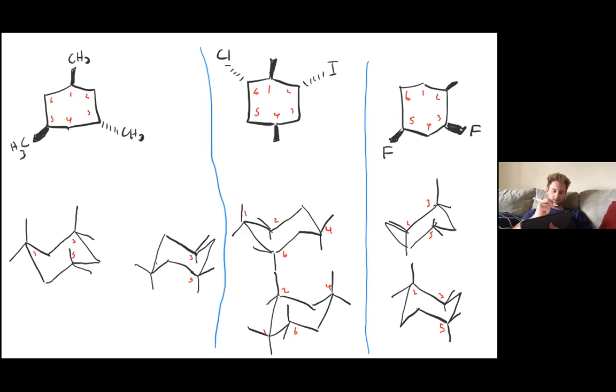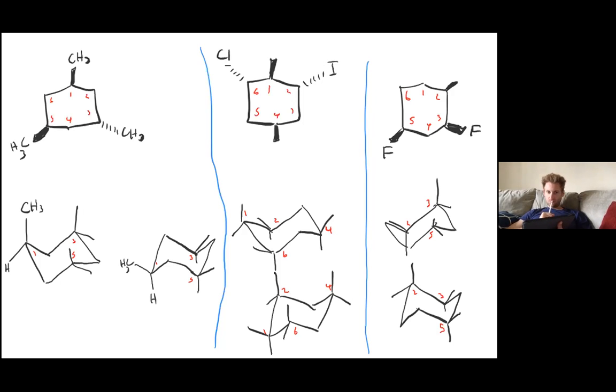We have a wedge CH3, which means our CH3 needs to be in the up position of the two positions. The axial one is up relative to this equatorial, which is down. Looking at our other chair, this equatorial would be considered up, and this axial would be considered down.